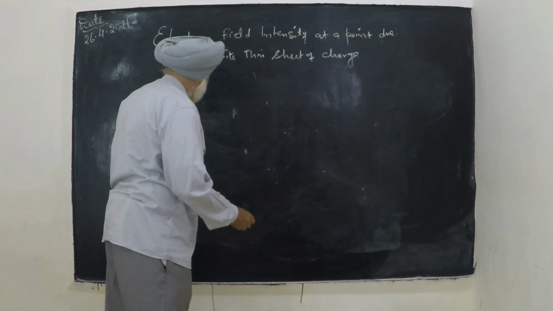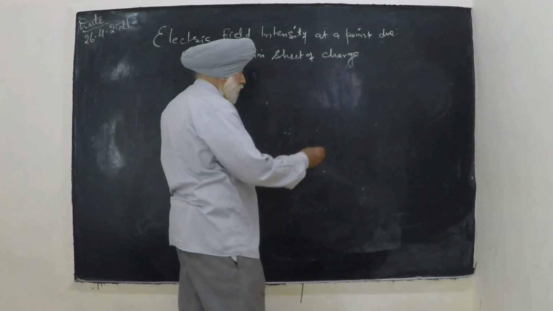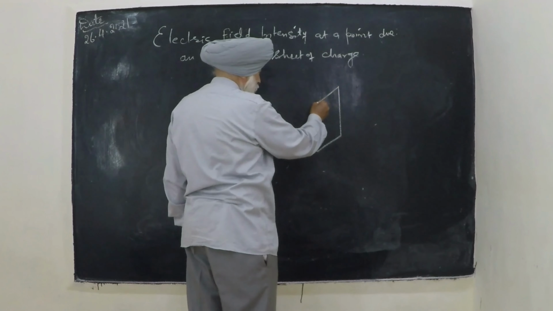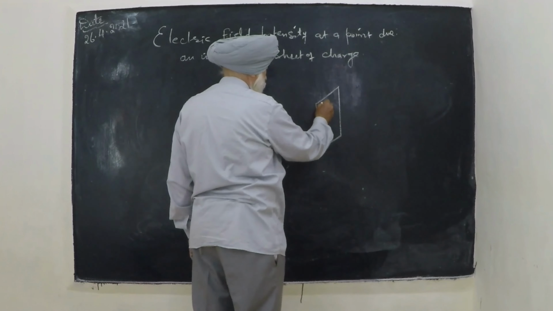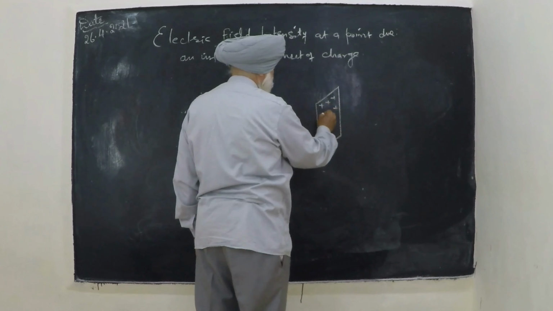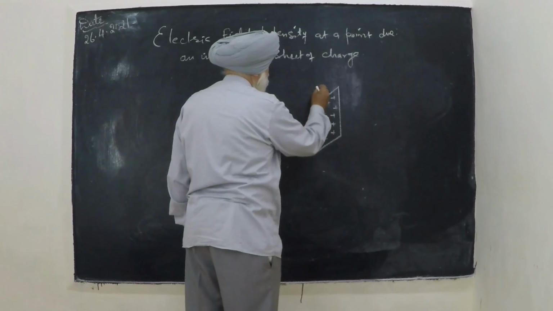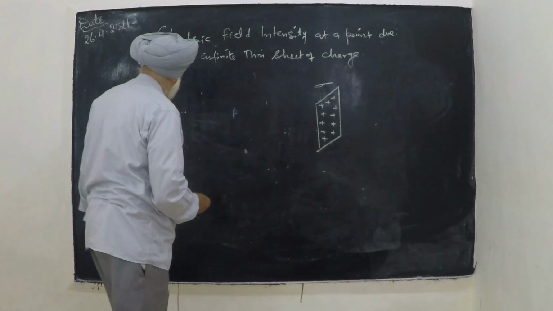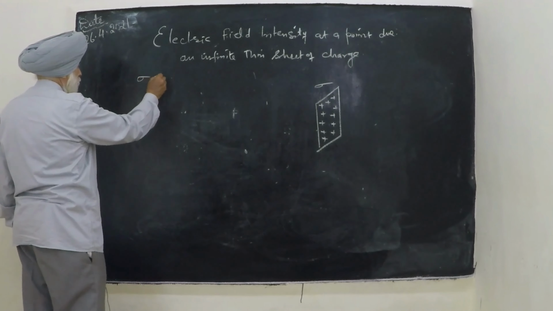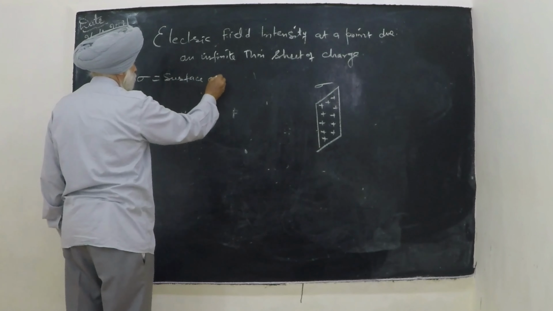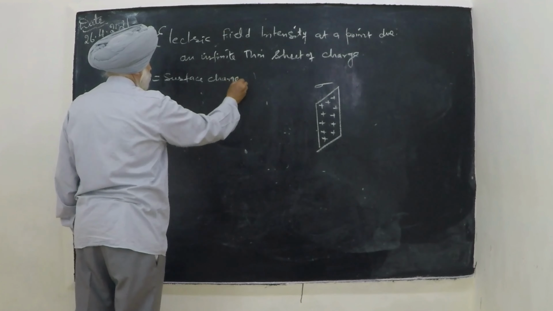So we have a thin sheet of charge which is given a positive charge and its surface charge density is sigma. Sigma is the surface charge density.